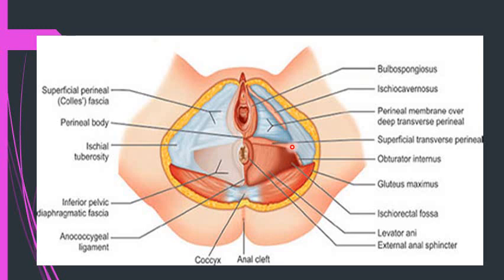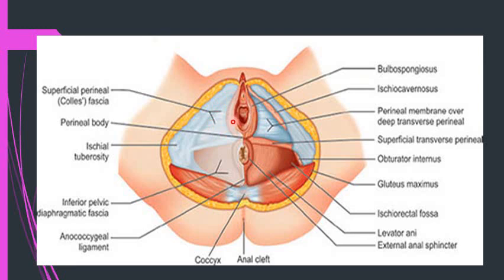And in the superficial pouch is the superficial transverse perineal muscle.